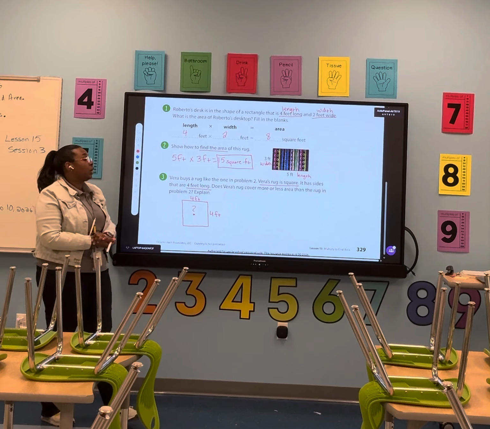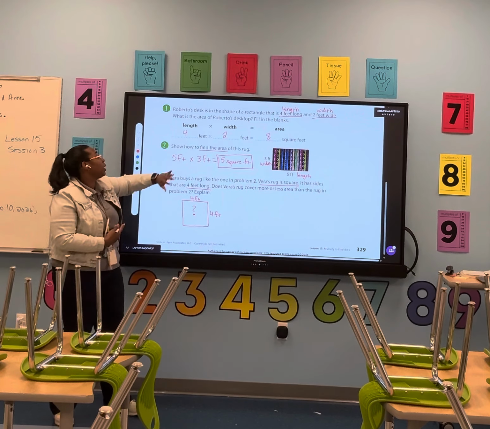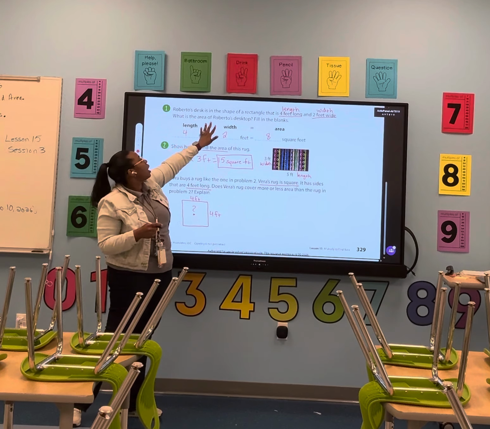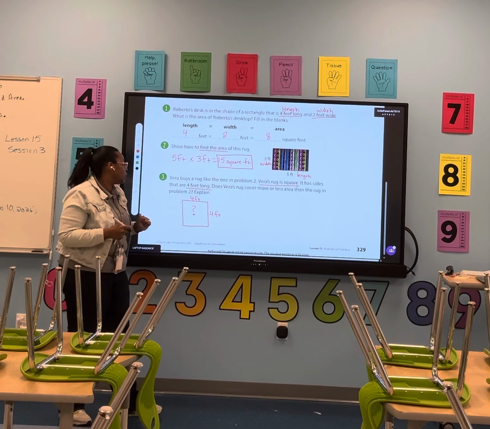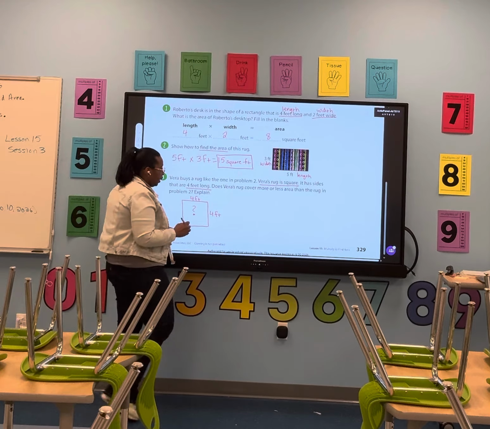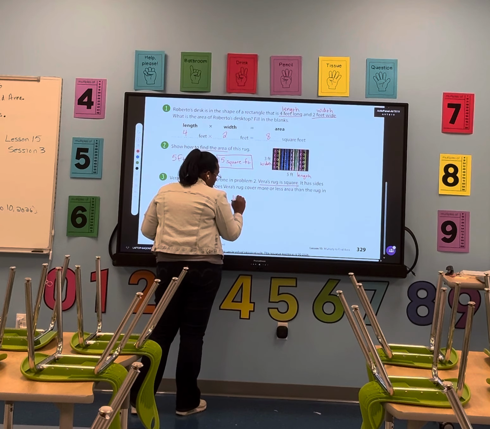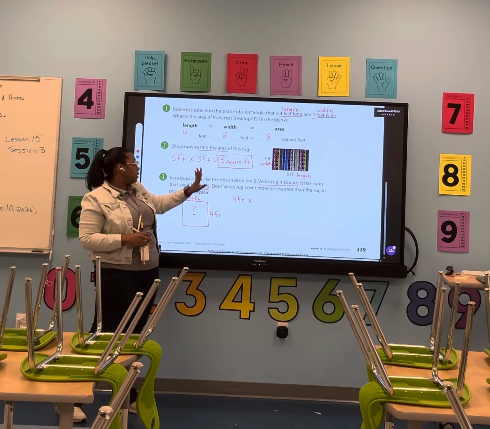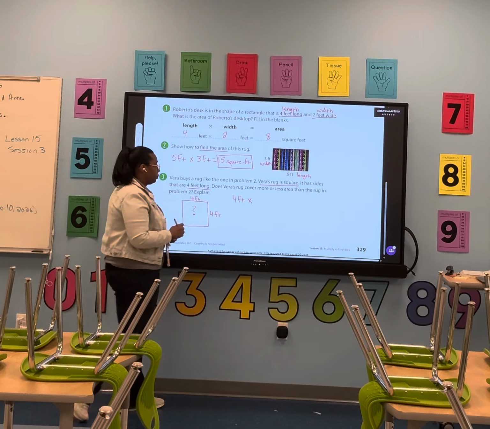We can always go back to our equation that we have in number 1. That's our model. It says length times width equals area. So the length is 4 feet, so I'm going to write 4 feet, and remember to use those units, times our width, which is also 4 feet.